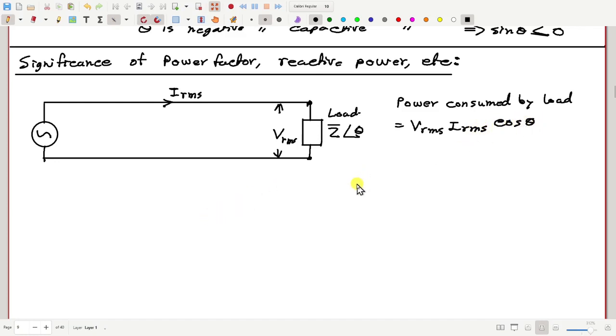Now VRMS, that is the voltage supply, should remain fixed. For example, this is 240 volt, 50 hertz in our houses, something like that.